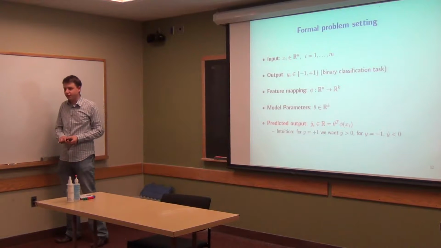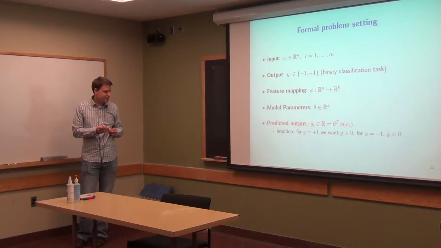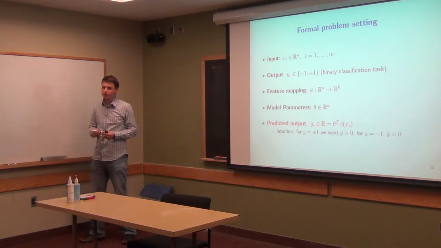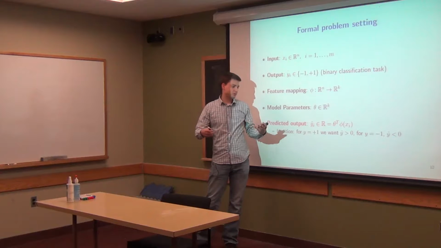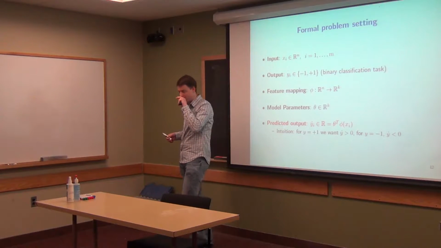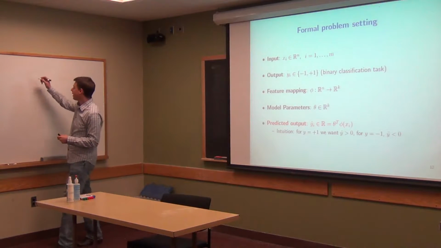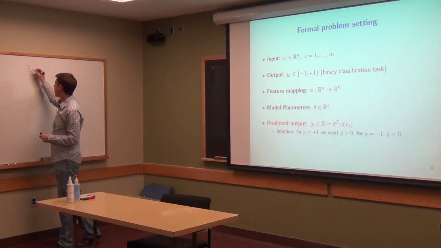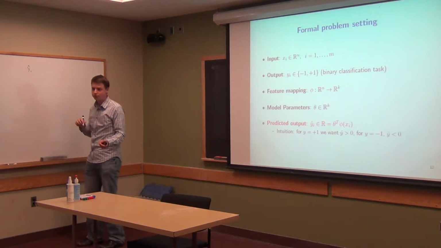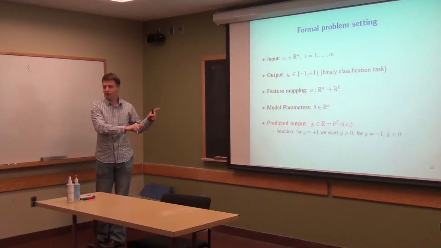The big difference here, well, actually it's the same, but a difference is that our predicted output, since our outputs are -1 and 1, you would think, well, you should make predictions that are also -1 and 1. And that's true, sort of. But for convenience, I'm actually going to say our predicted output, remember y hat was our predictions, and y hat i was our predictions on the ith example. I'm going to say that's actually still a real valued number.